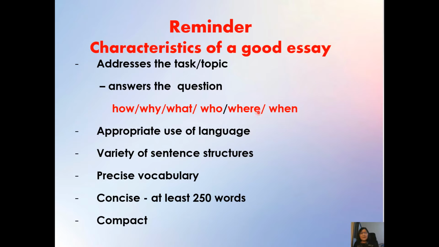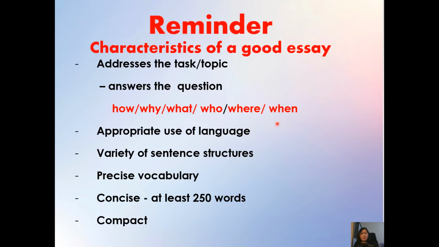Lastly, this is a reminder of what the characteristics of a good essay are. A good essay addresses the task or the topic at hand. It answers the question given. In order to help you develop the ideas, you can ask yourself these questions: how, why, what, who, where, when.